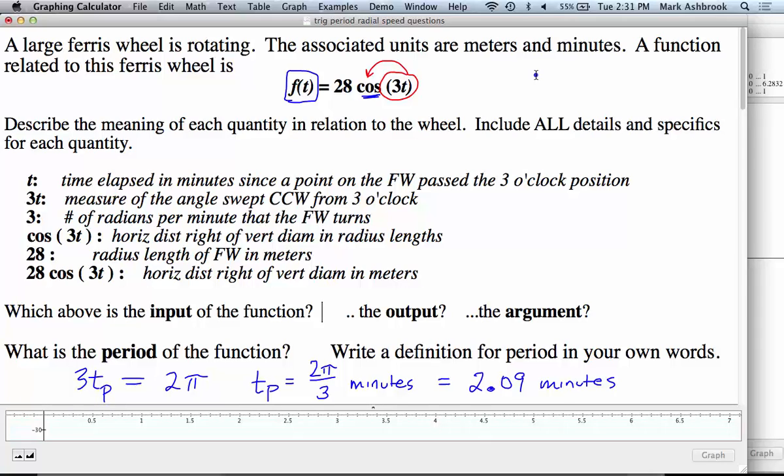Is 2.09 an interval of input or is it an interval of output? Interval of input. So what interval of input is it? What does it give us relative to the output?